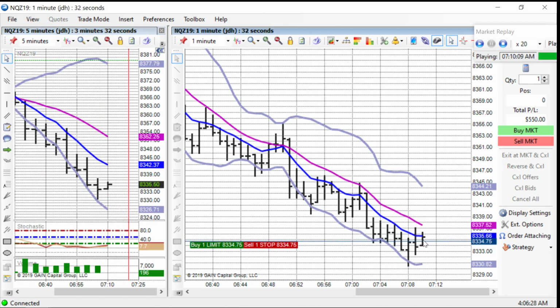So when I see a move back up like this, I get a little bit cautious because I'm always looking out for possible trend change when the trend has become kind of long.